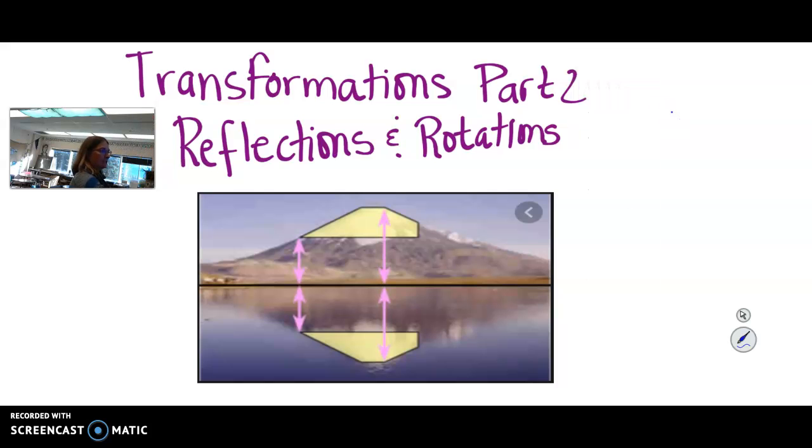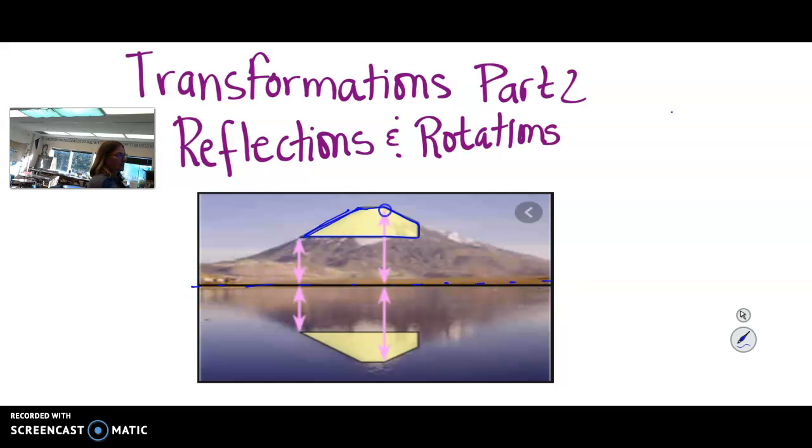So in this image here you can see that you could take a geometric shape. Maybe you're making an animated movie or something like that, and you wanted to have a reflection of a mountain. You could create shapes and artistically draw them in, but to get that reflection, we're reflecting across this line.